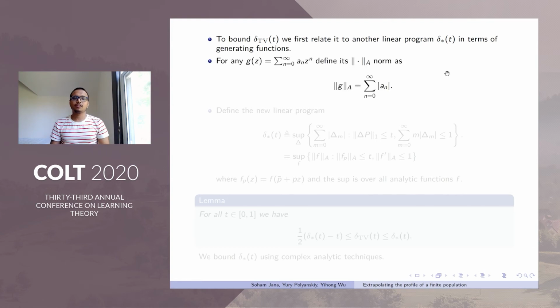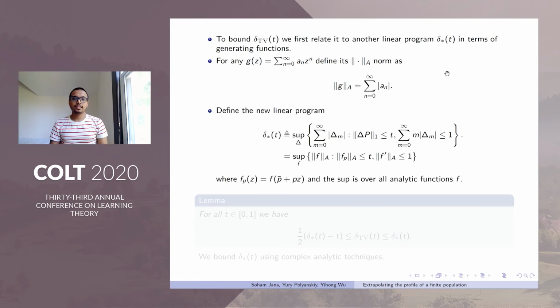To define delta star, we first define the A norm of any analytic function g given by the sum of the absolute values of the power series coefficients of g. Then we define delta star as the supremum of A norm of all analytic functions f that satisfy that the A norm of f prime is bounded by 1 and the A norm of certain p transform of f, call it f_p, given by f of p bar plus pz, where p bar is 1 minus p, is bounded by t.